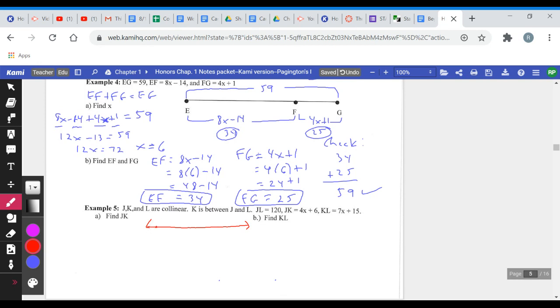It tells me K is between J and L. So here's my J, here's my L, and K is somewhere in between. Okay, I can go ahead and label my picture. It tells me JL is 120. It tells me that JK is 4x plus 6. And it tells me KL is 7x plus 15.